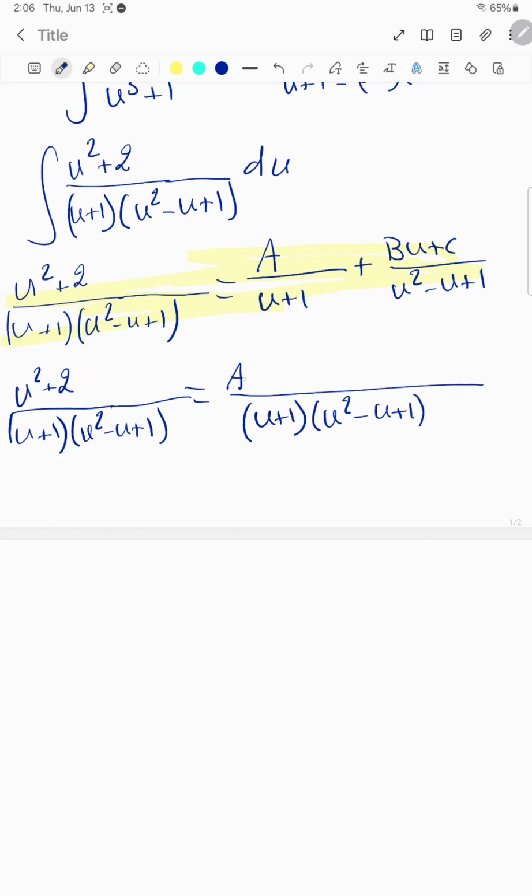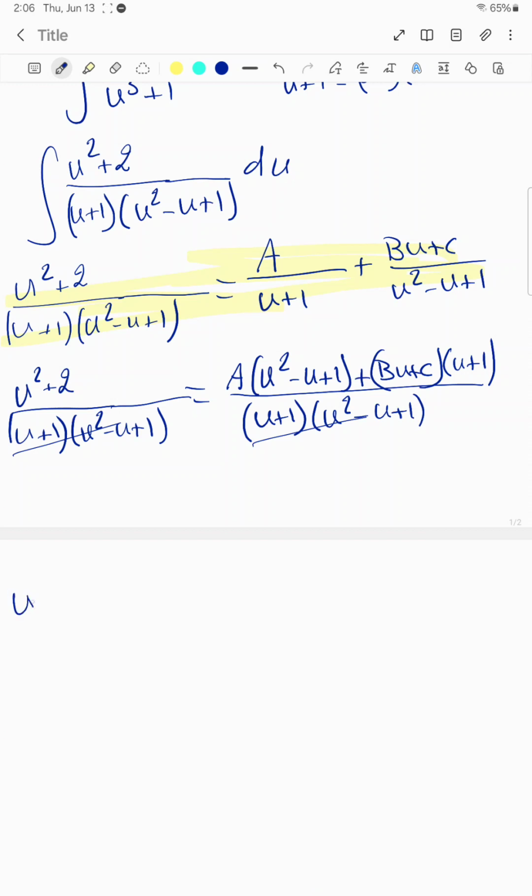And I have to multiply my A by u square minus u plus 1, and my Bu plus C, I have to multiply it by u plus 1. Now that I have the same denominator on the left-hand side and on the right-hand side of my equality, I can get rid of my denominator.